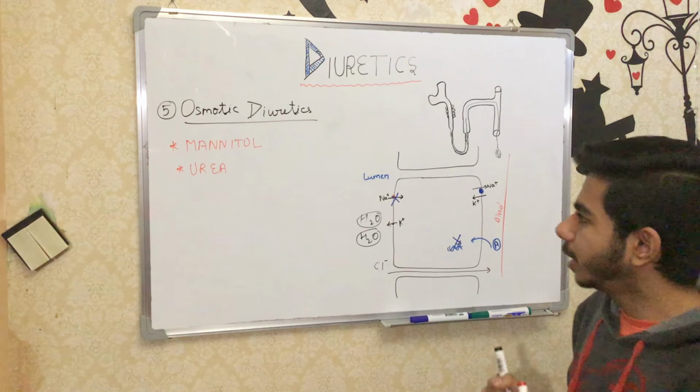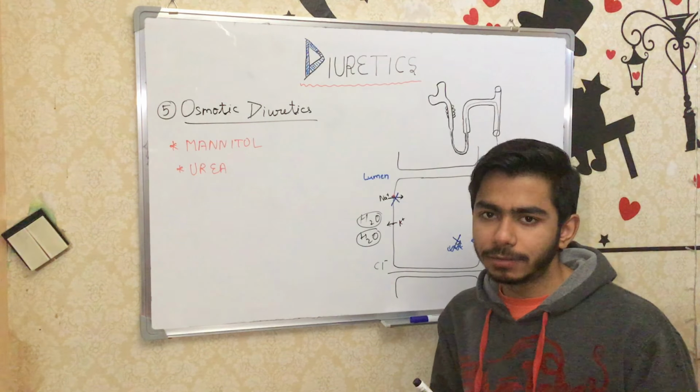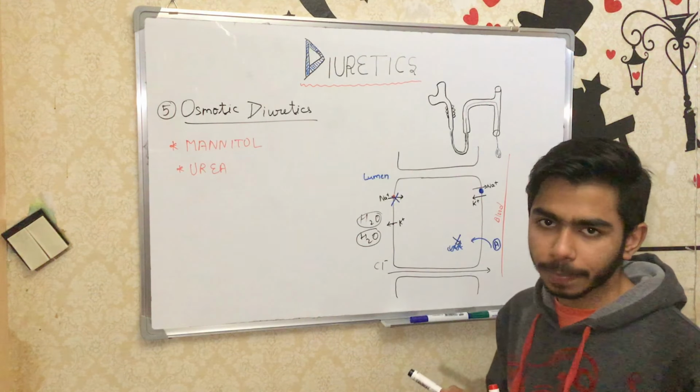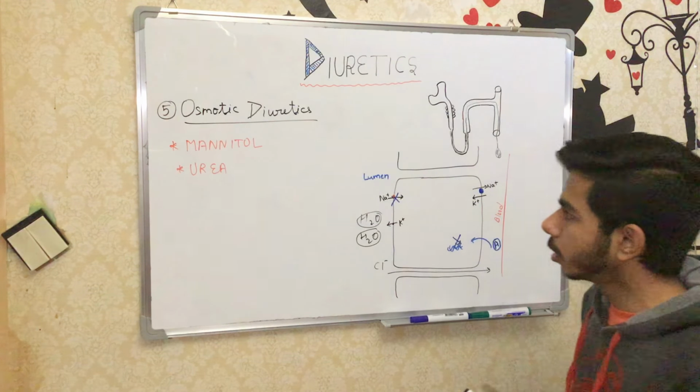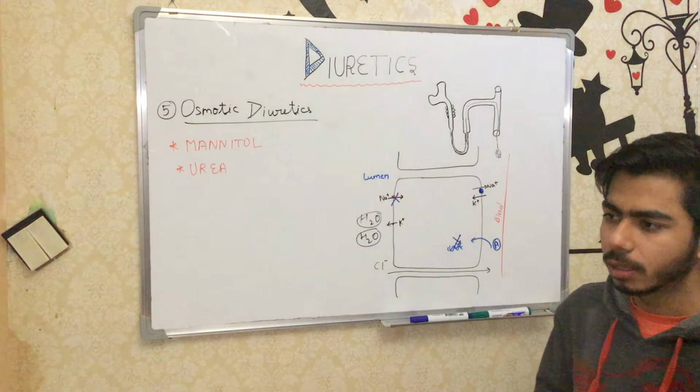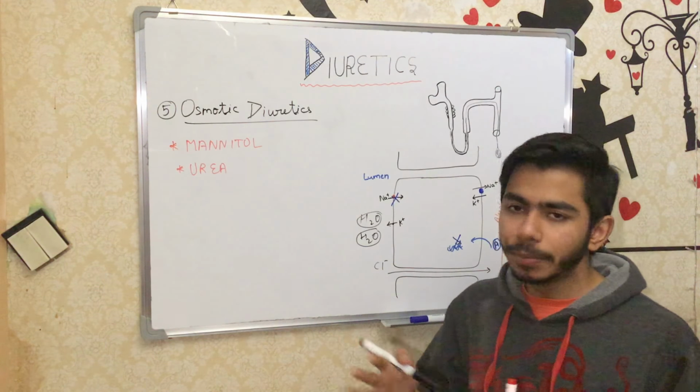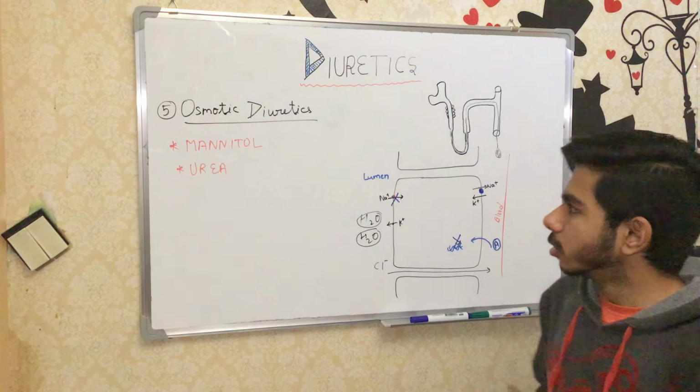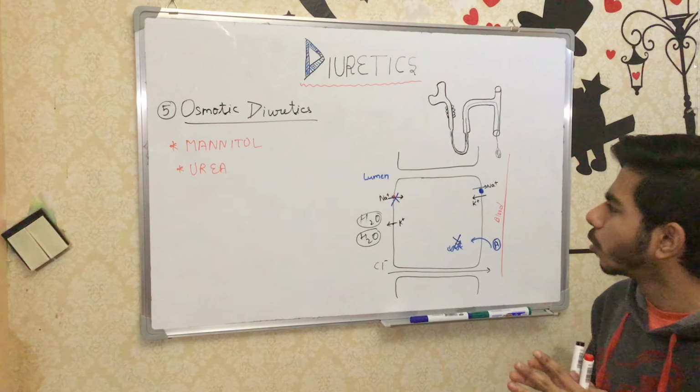So that's why dehydration is also an adverse effect seen with such drugs. They can be given with the loop diuretics in combination actually. So this was about the osmotic diuretics.